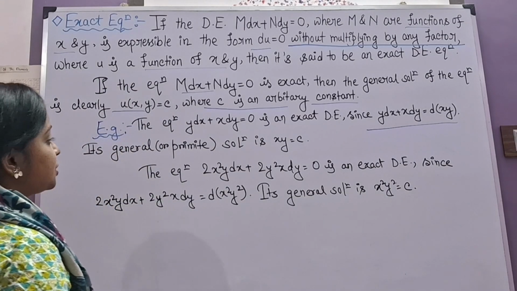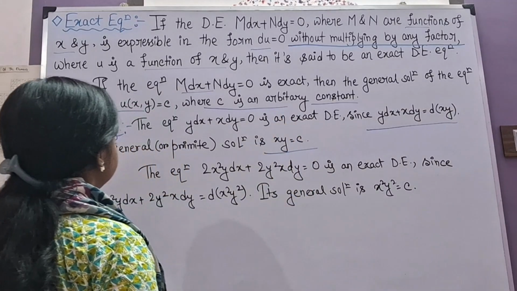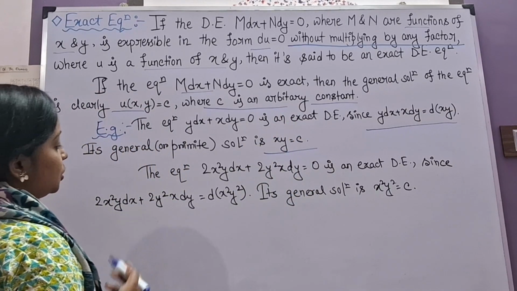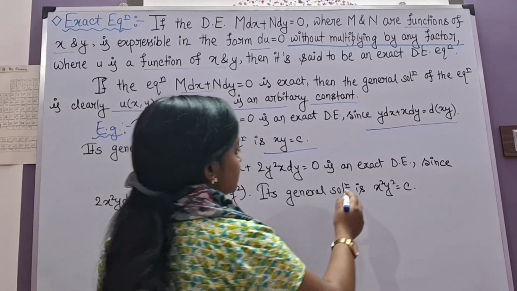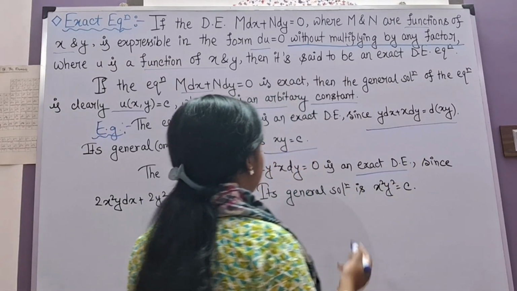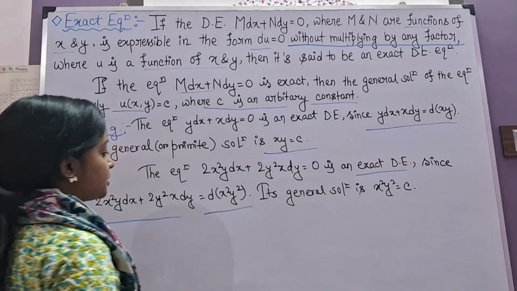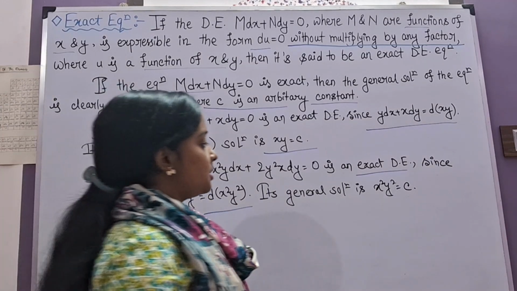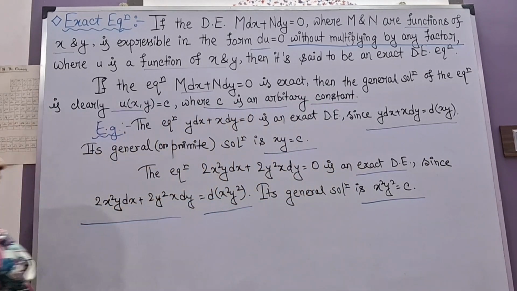Its general solution or primitive solution is xy equal to c. The equation 2x square y dx plus 2y square x dy is an exact differential equation since this is equal to d of x square y square. Its general solution is x square y square equal to c.